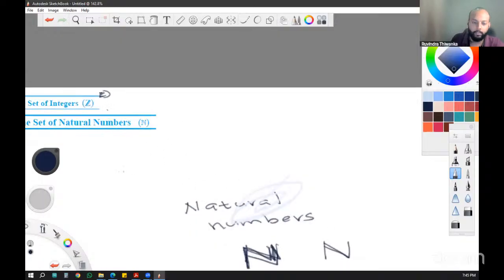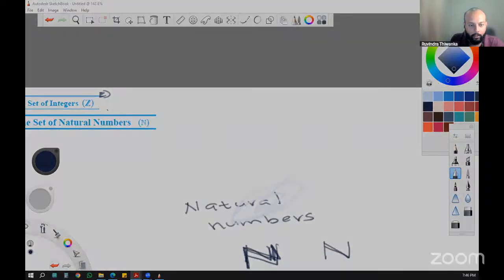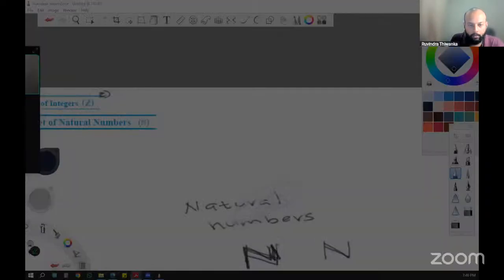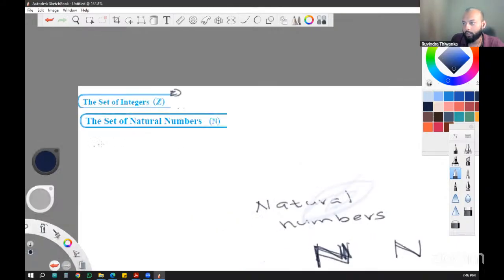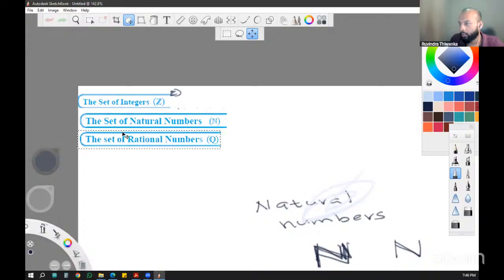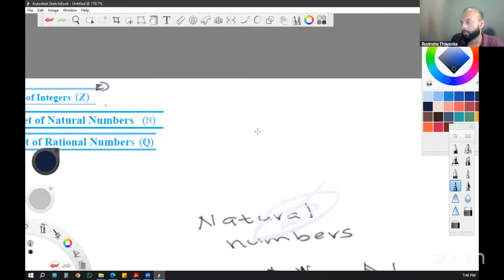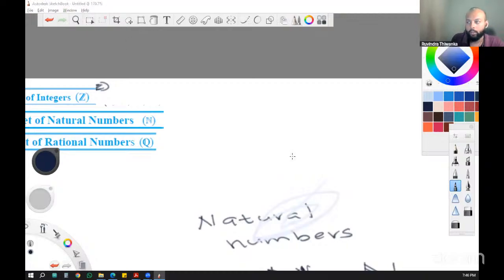Rational numbers. I'll show you the symbol. If you are familiar with rational numbers, we use the symbol Q, with a small line like this.